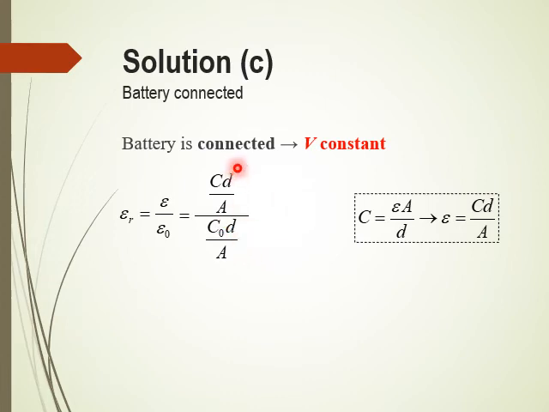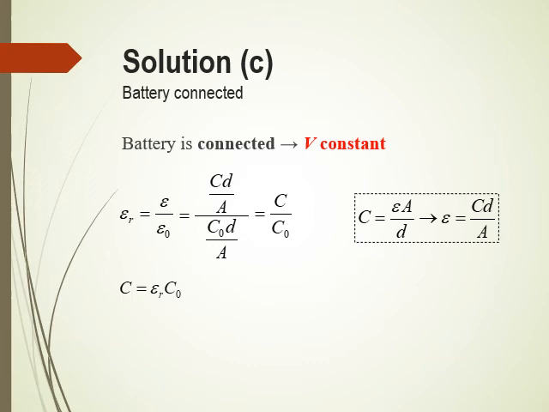Therefore, D and A can be cancelled out from this equation, and thus you will get C over C naught. Rearrange this equation: C is then equal to epsilon R times C naught.